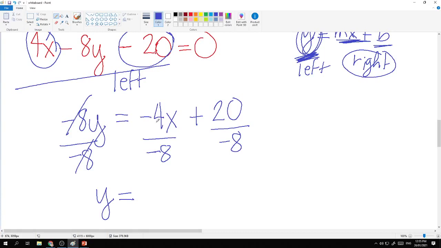Is it negative 1/2 or is it positive 1/2? Positive 1/2. So meaning, are you going to write 1 there or is it just x over 2?